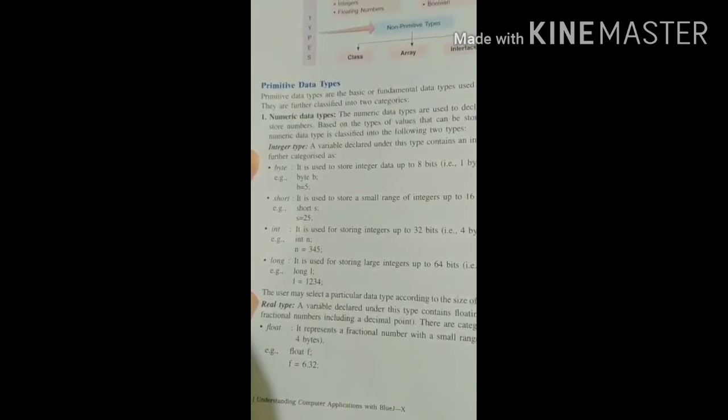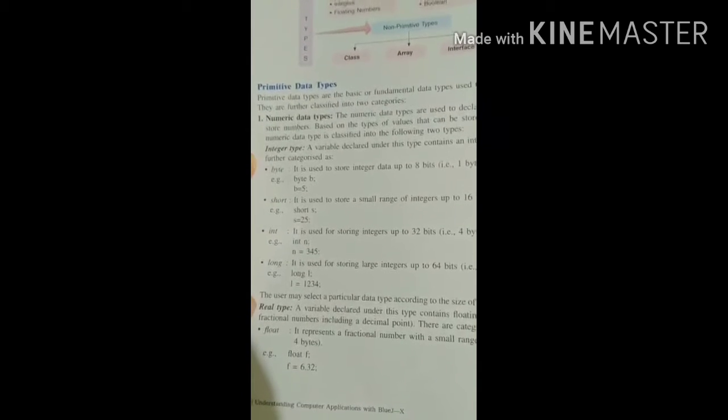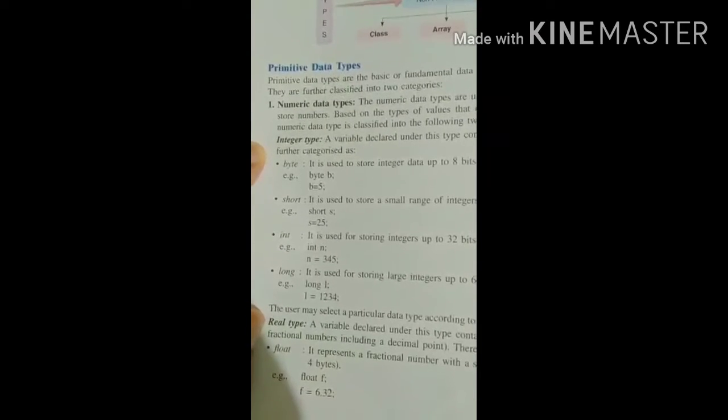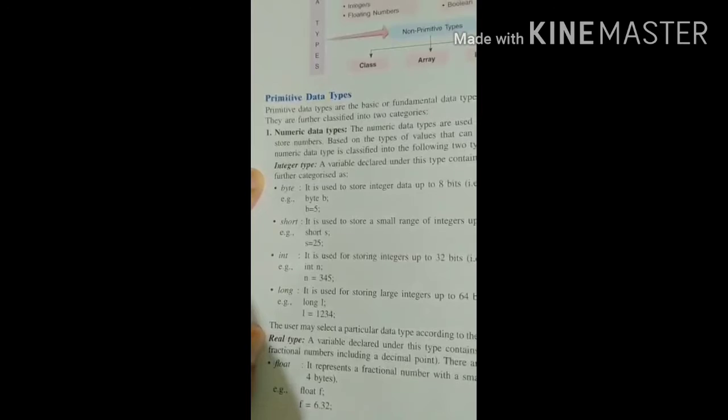The numeric data types are used to declare variables that can store numbers. So the integer data type stores numbers. First is simple integer, int b equal to 5.